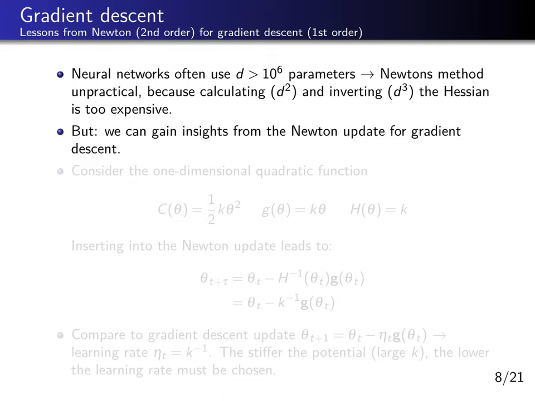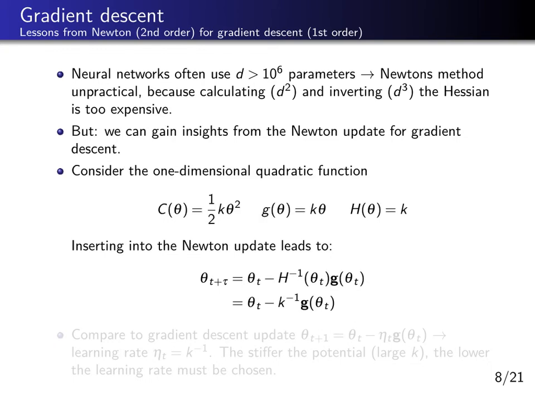However, we can learn something from the Newton update for gradient descent, and for that, let us look at one-dimensional functions for now. So let us look at this simple harmonic function as a loss function. The gradient is then simply k times theta in this case, and the Hessian matrix is simply equal to k. It's just a scalar. And inserting those results into the Newton update leads to the following update.